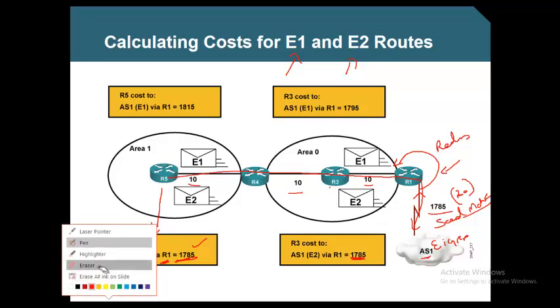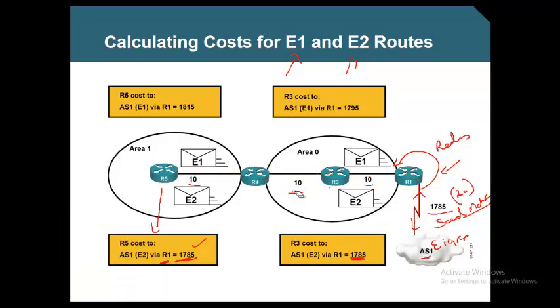Whether you calculate the cost or you don't calculate the cost, you got only one option. Only one ASBR. Mostly people have only one ASBR. If you have multiple ASBRs, like R1, if you have another place where you take the routes of the same EIGRP and redistribute, then you may need to calculate the cost to compare which is the closest ASBR.